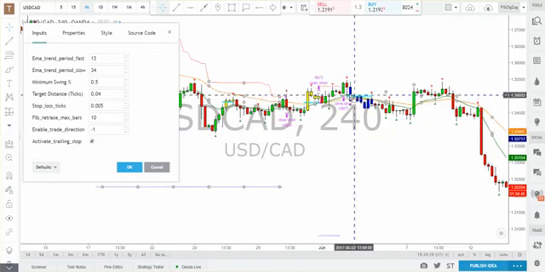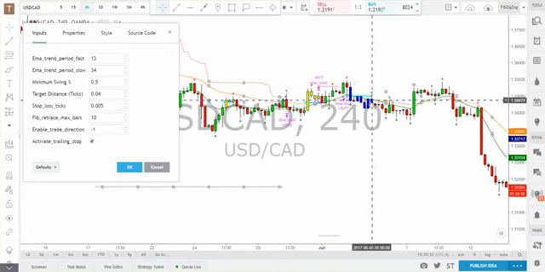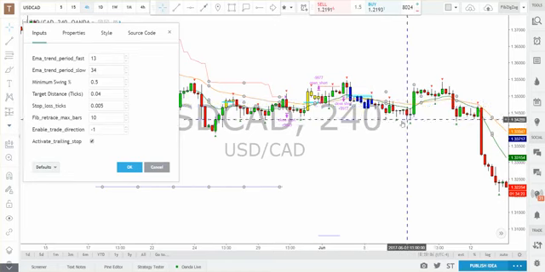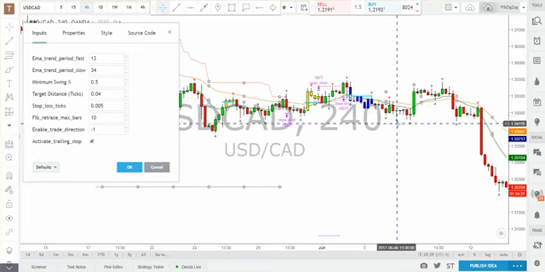As soon as we get a retracement below that fib level and we're waiting for an entry to trigger, there is a maximum number of bars that can take place in that retracement. So if it goes above 10 bars, so if we get a retracement that is longer than 10 bars, it will invalidate that trade. It will cancel that buy stop for a long or sell stop for a short. So that's what this parameter does.